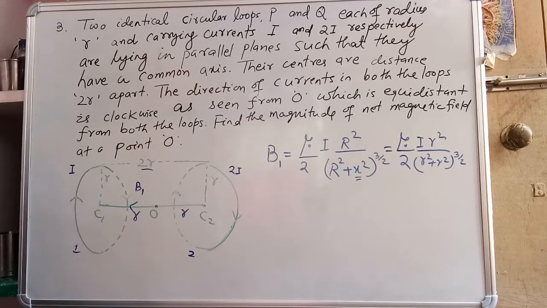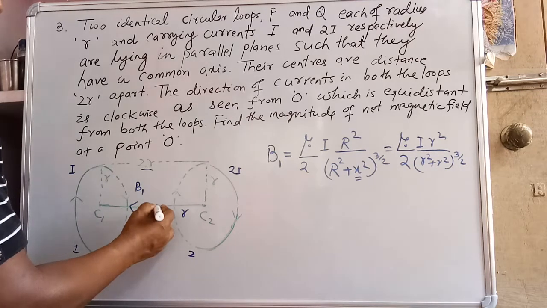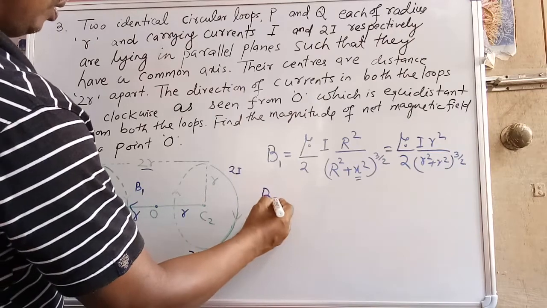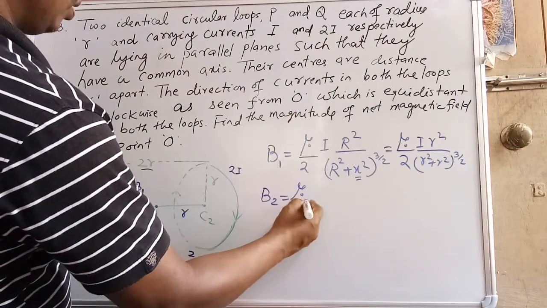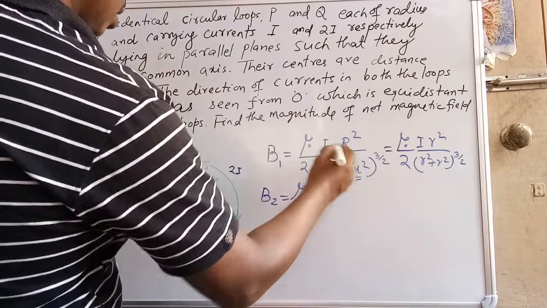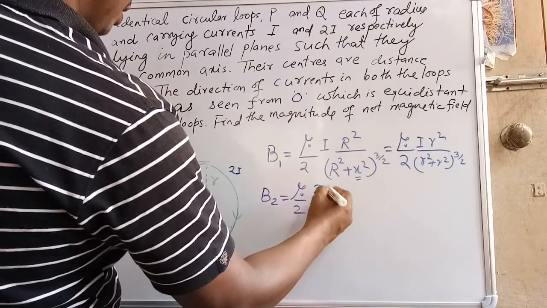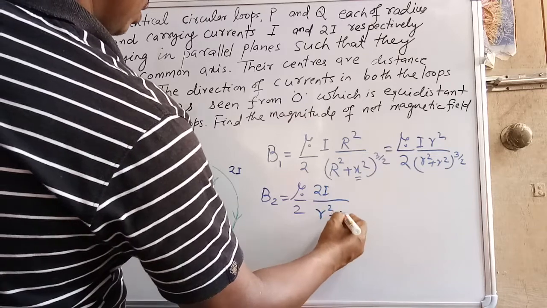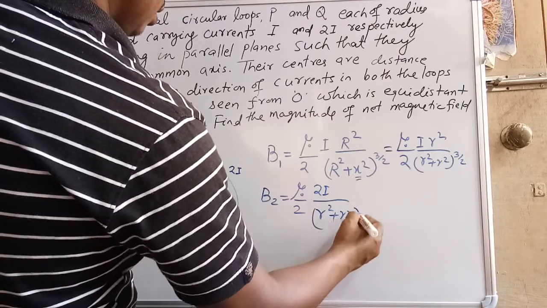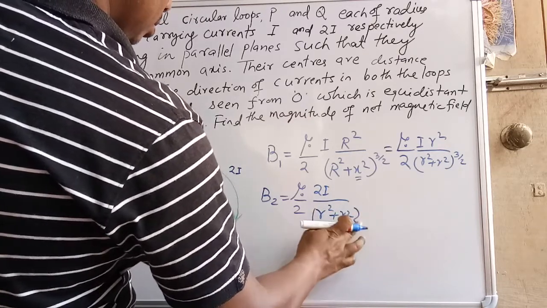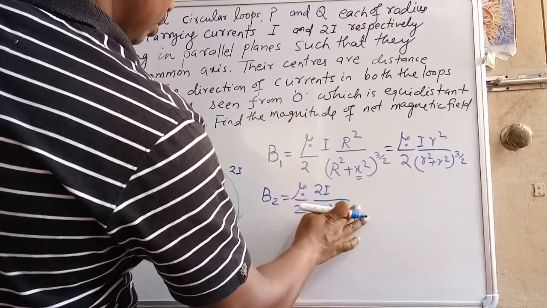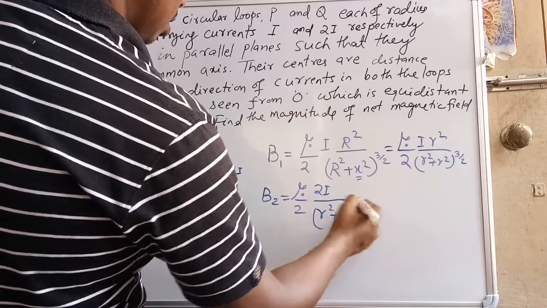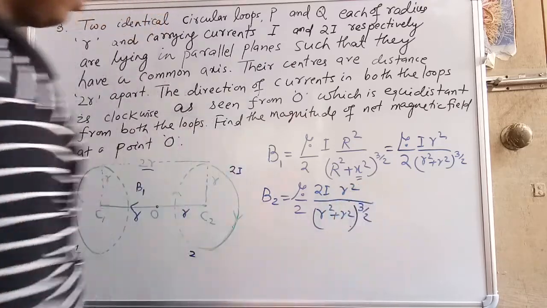Similarly, we can calculate the magnetic field at point O due to the second coil. B2 equals mu naught by 2, current is 2I, by (r square plus r square) to the power 3 by 2, and this is r square.